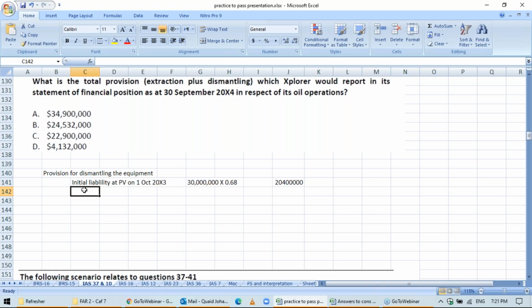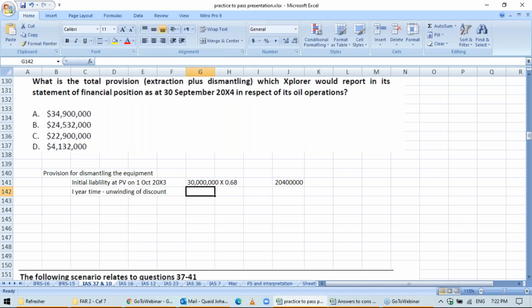So in 1 year's time, what happens? 1 year has gone. You will have to unwind the discount.